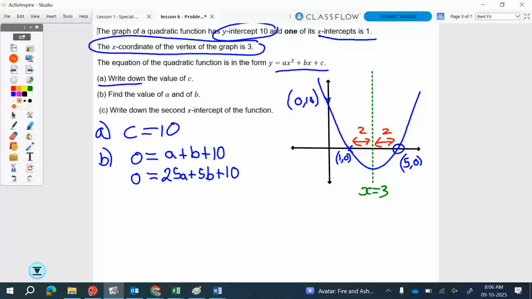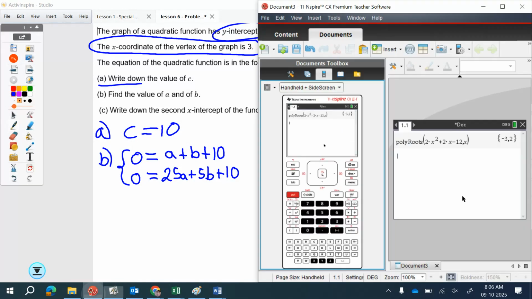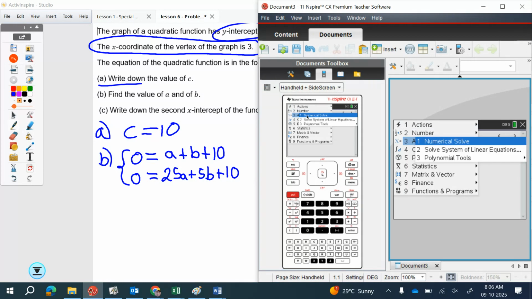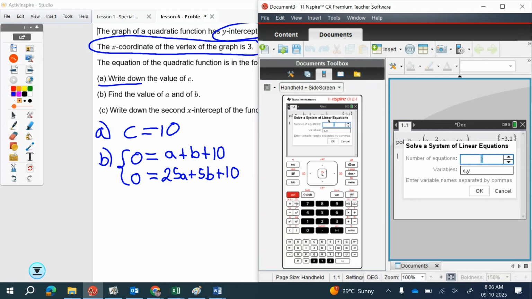This is an equation system. We'll use the equation system symbol, and then we'll enter it into our calculator. So menu, algebra, system of linear equations. We've got 2 unknowns, but we press tab.